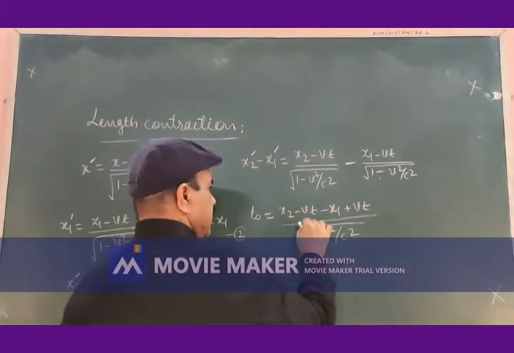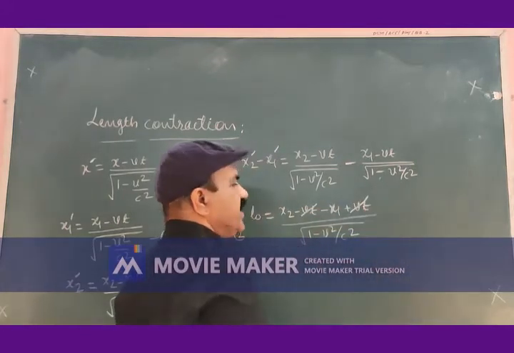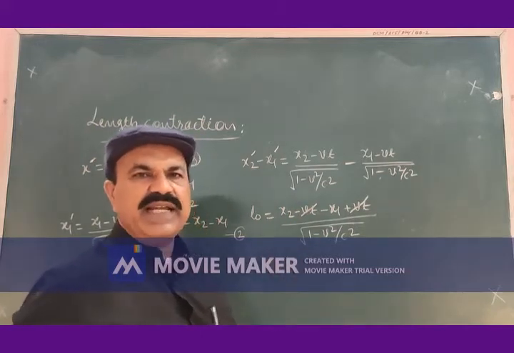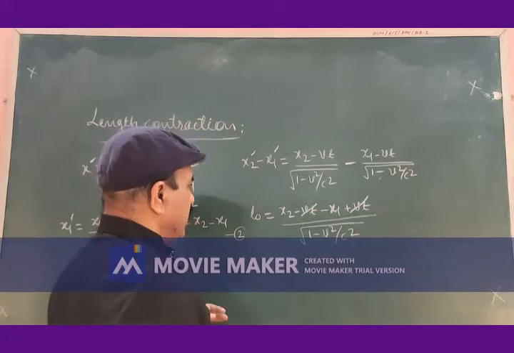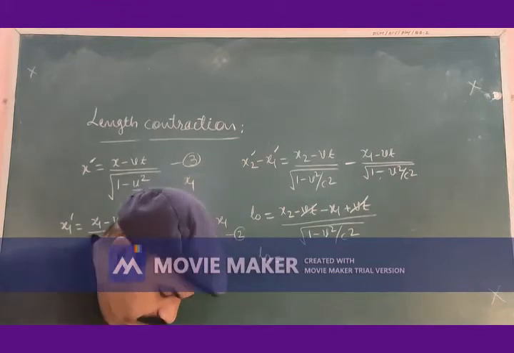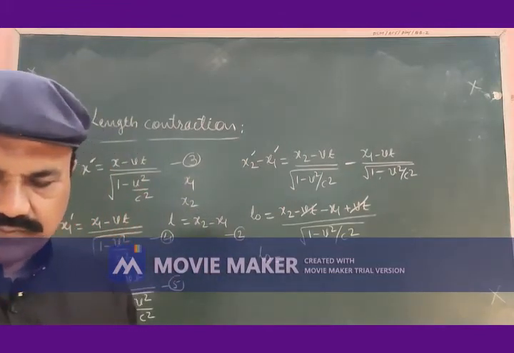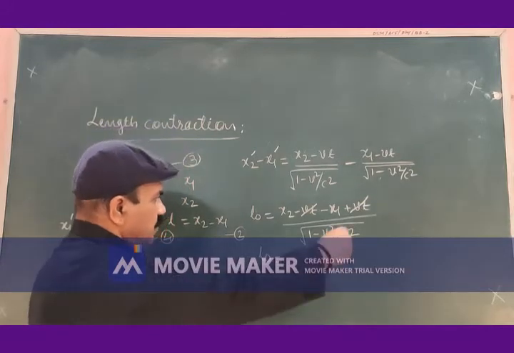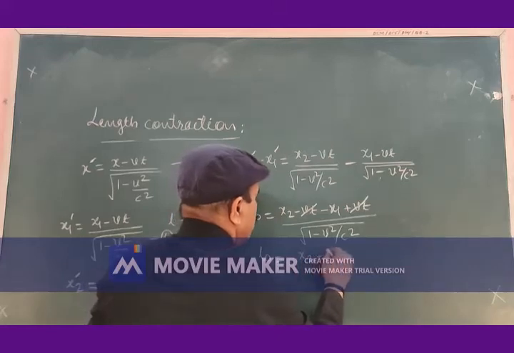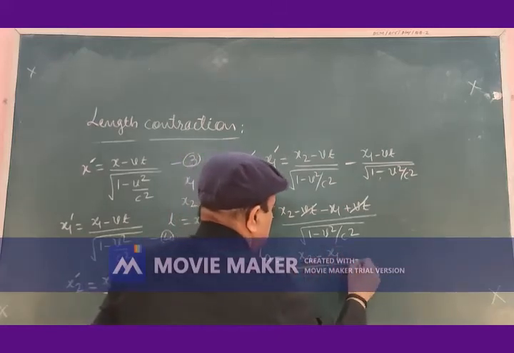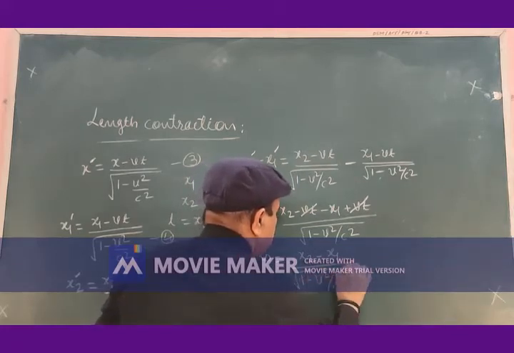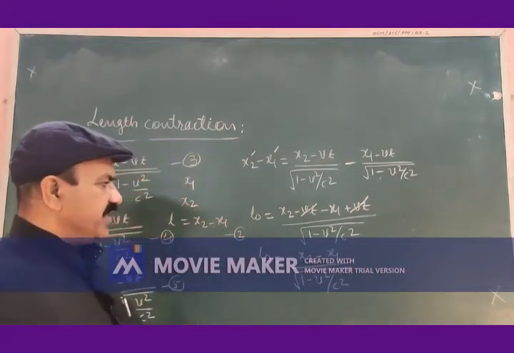Minus vt plus vt identically cancels out because both are the same and opposite to each other, and so what is left here is L0 is equal to x2 minus x1 divided by the square root of 1 minus v square by c square.